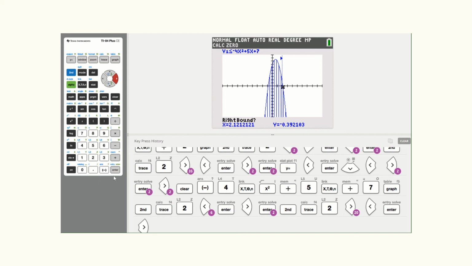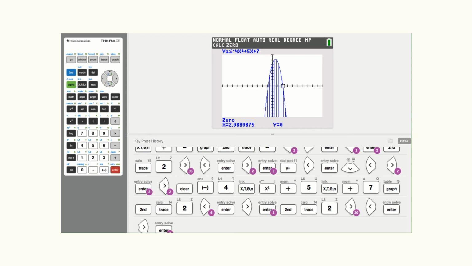We're going to hit enter. Yes. And when y is 0, x is also 2.880875, or let's just say 2.89. So my solution set is x such that x is greater than or equal to negative 0.84 and less than or equal to 2.89.